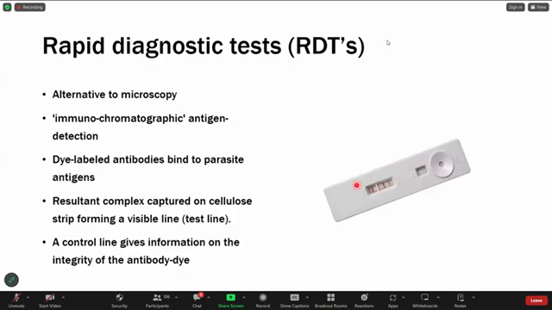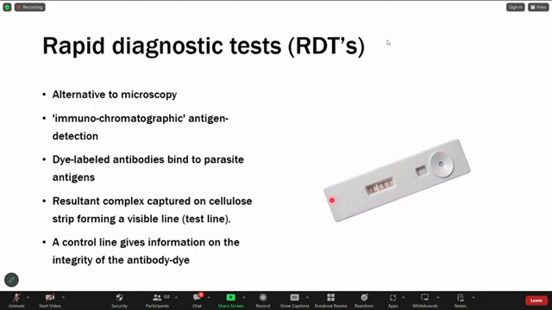Then another method is the rapid diagnostic tests, also commonly known as the RDTs. This is an example of an RDT, a cassette, but these RDTs are used as an alternative to microscopy in places where microscopy cannot be achieved due to one factor or the other.